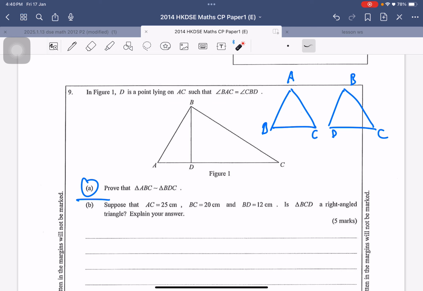So now we can say angle BAC is equal to angle CBD, so these two angles are the same. And then now we can look at the graph. Zhongwu, look at the graph. What's the name of this angle?